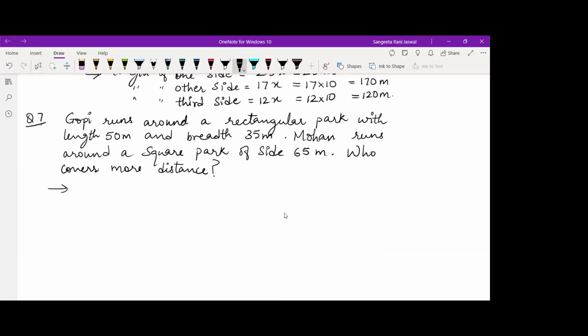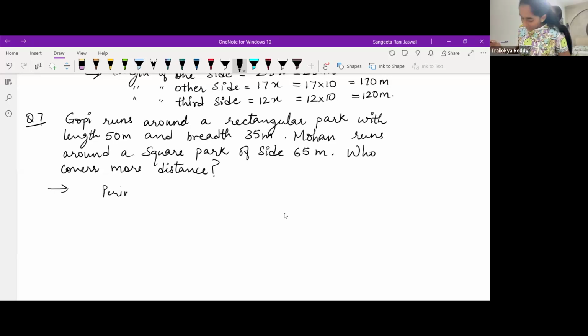Okay. So one by one, Trilokya, tell me how much is the perimeter of a rectangular park? Ma'am, I got 170 meters.